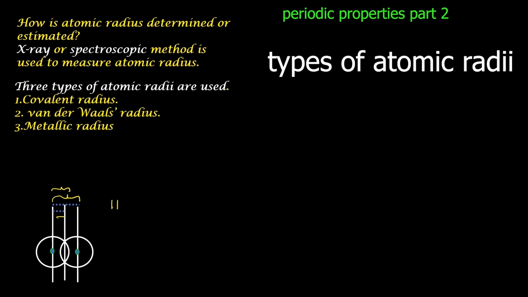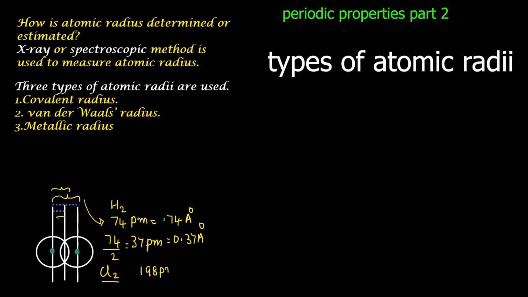For example, in hydrogen molecule, the internuclear distance is 74 picometer, that is 0.74 angstrom. Then the covalent radius will be half of 74 picometer, that is 37 picometer or 0.37 angstrom. In the case of chlorine molecule, the internuclear distance is 198 picometer, that is 1.98 angstrom.